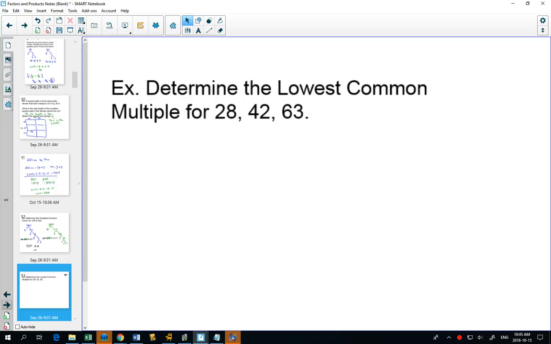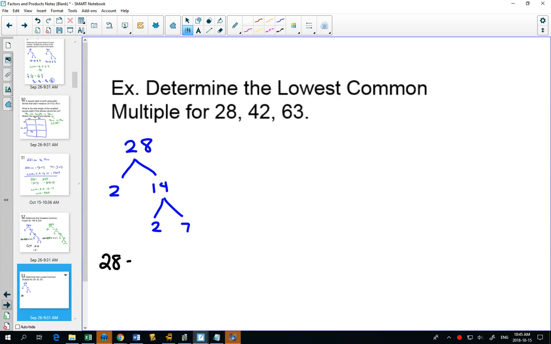So again, we're going to start by finding the prime factorization. 28. If you can get ahead of me, that's perfect. It's 2 times 14. 14 is 2 times 7. So 28 is equal to 2 times 2 times 7. 42, 2 times 21. 21 is 3 times 7.